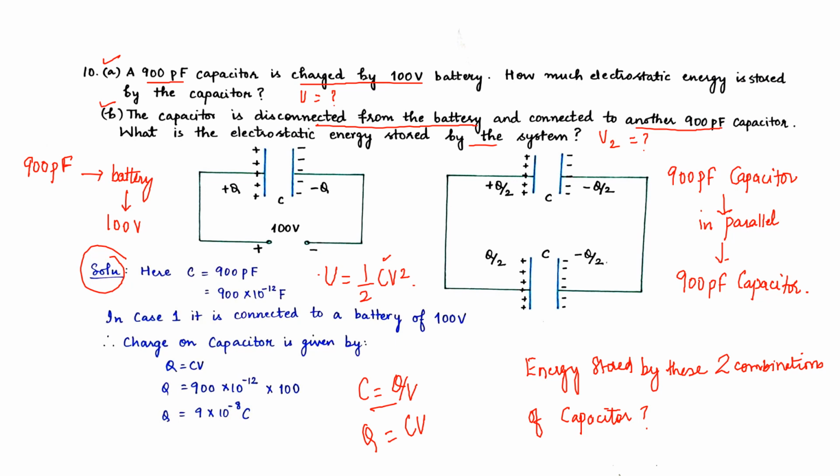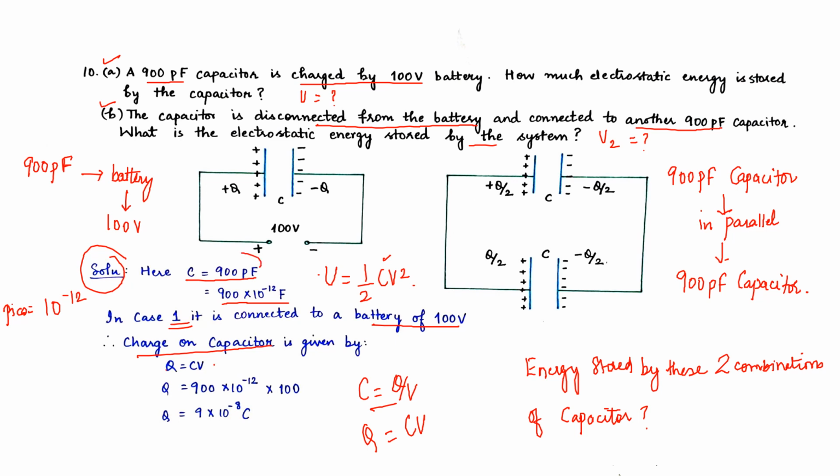First of all, it is given to us that C equals to 900 picofarad. Picofarad is written as 900 into 10 to the power minus 12 farad. Pico gives us 10 to the power minus 12 units. In case 1, when it is connected with a battery of 100 volts, charge on the capacitor is given by Q equals to CV.